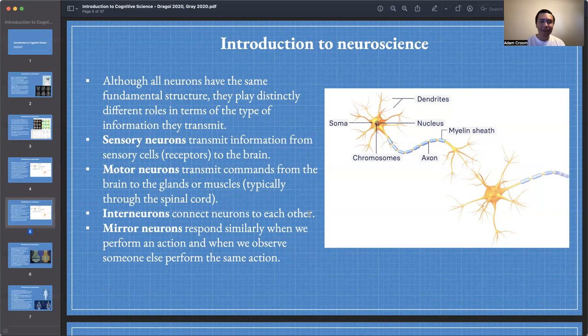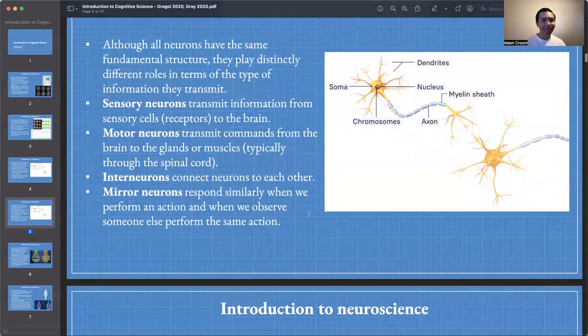And mirror neurons respond similarly when we perform an action and when we observe someone else performing that same action. Okay, so when I punch, like if I'm boxing and I punch, or when I see someone else punch, right? A mirror neuron is the type of neuron that's active both in the action and observation. Okay, and those are really cool.